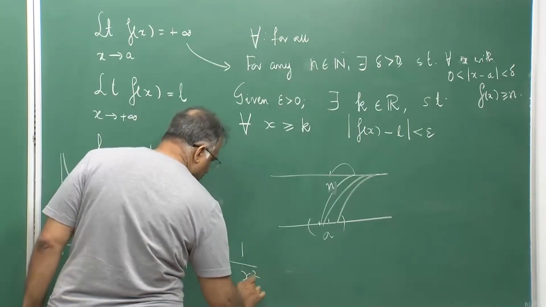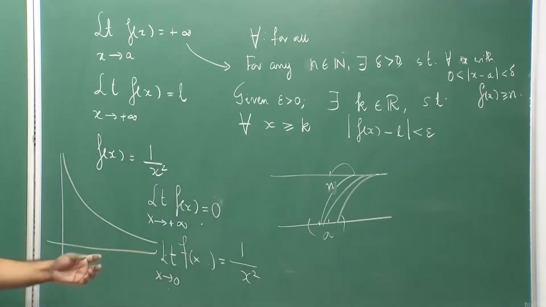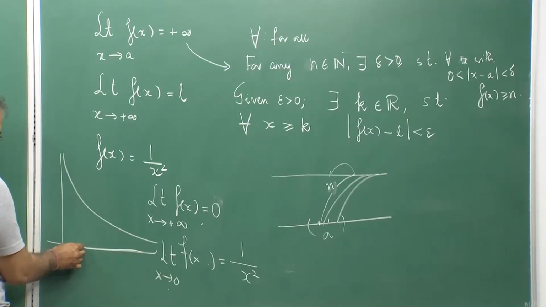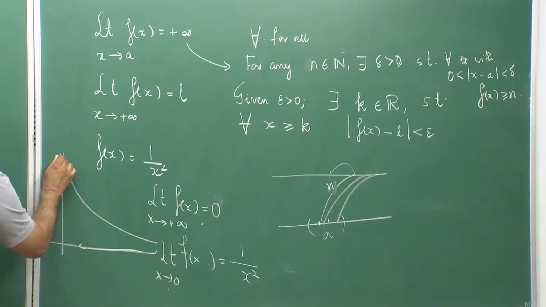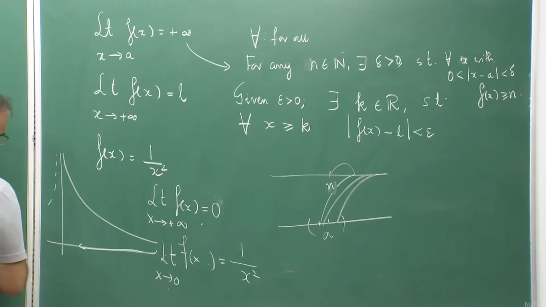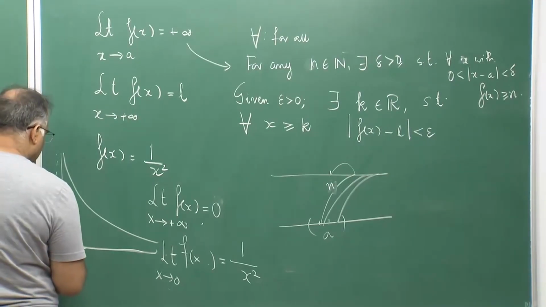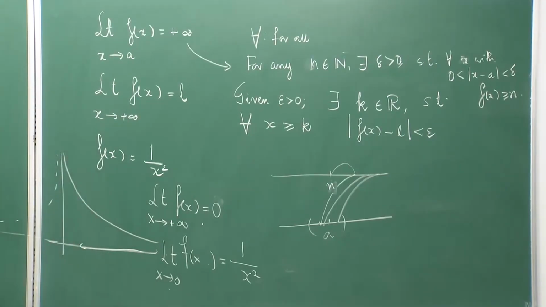This 1 by x square would start blowing up. Here you see as you come towards 0, the other part of the graph is here. So if you come to 0 from this side also, as you come nearer and nearer, the functional value is blowing up.